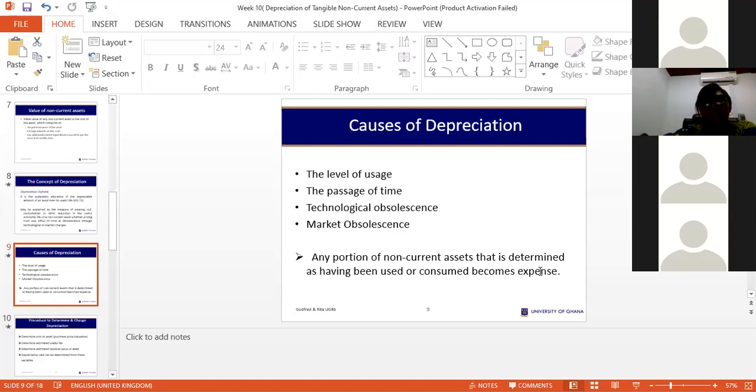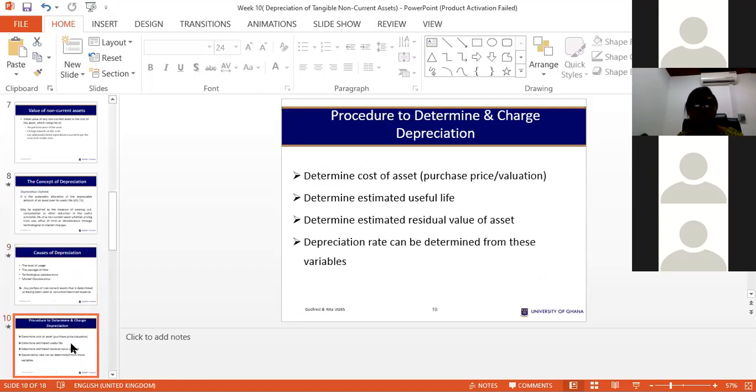If we determine that the useful life is 5 years, and so based on that, every year we are consuming maybe 20,000 of it, then that 20,000 becomes an expense, because at the end of each year, you would have consumed that, and it will be recognized as an expense, a revenue expense in the income statement.